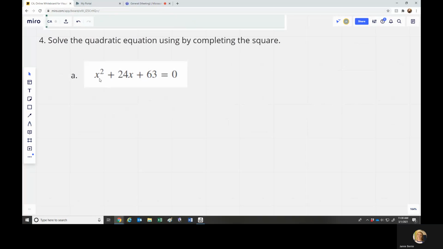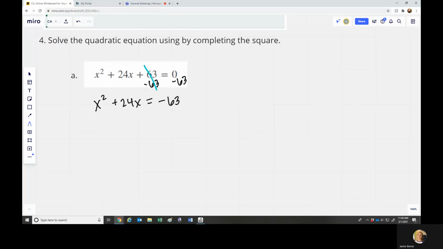So it works out for us that we don't have to worry about dividing. Well, sorry, I actually skipped the first step on accident. Let's go ahead and move that constant term over. That was my bad. Go ahead and subtract 63 from both sides. Move that constant term over. All right, so we get x squared plus 24x equals negative 63.